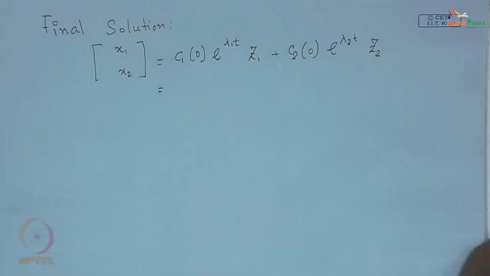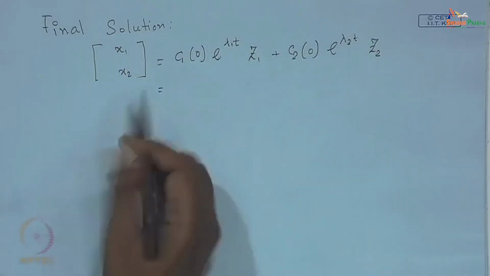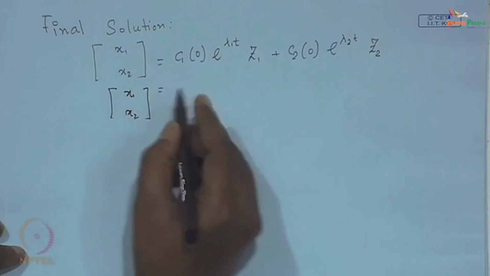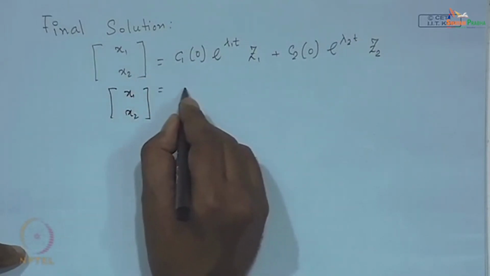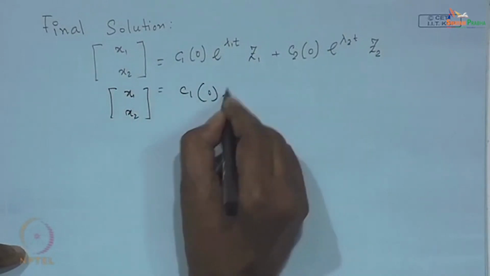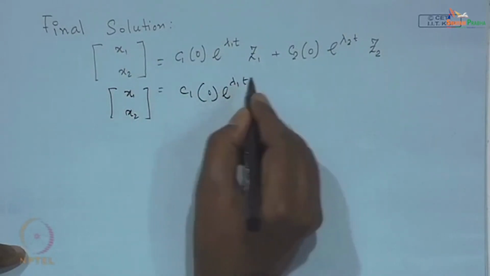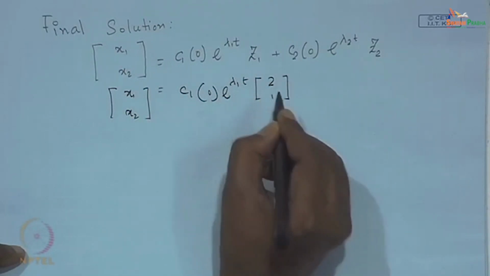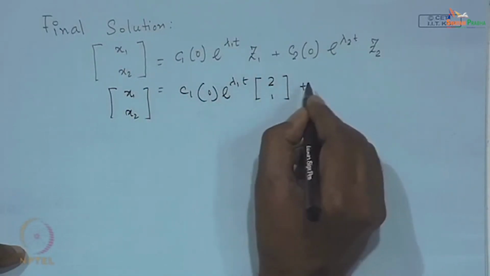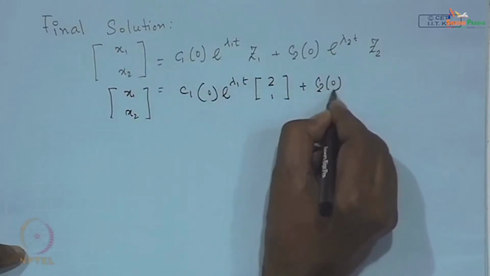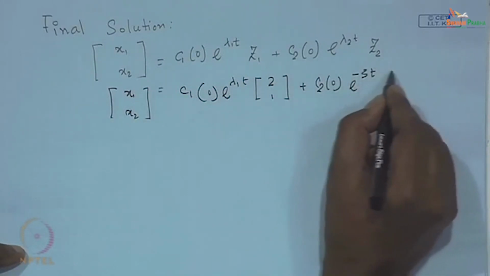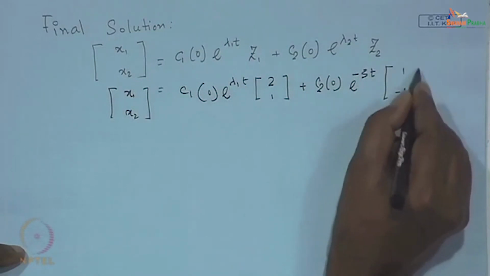We just put in the values of lambda 1 and lambda 2. So, this becomes x 1 x 2 is equal to C 1 0 e to the power lambda 1 t, and z 1 was the vector of 2 and 1, and this becomes C 2 0 e to the power minus 3 t, and z 2 was 1 minus 1.